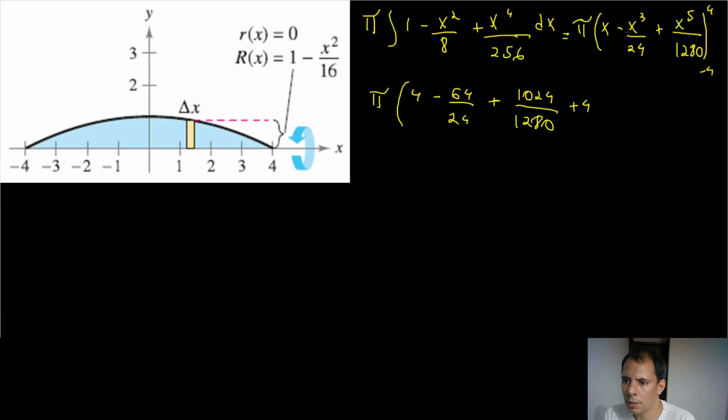This is going to be my minus: 64 over 24, minus, and then 1024 divided by 1280.